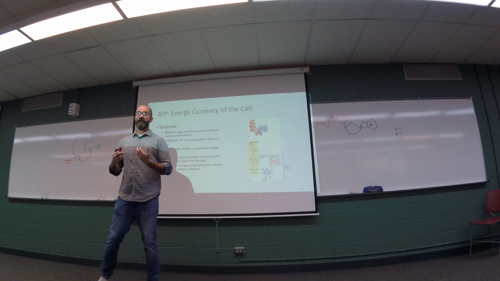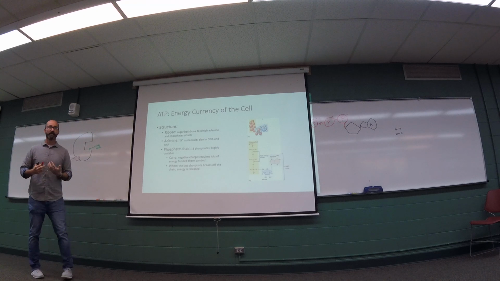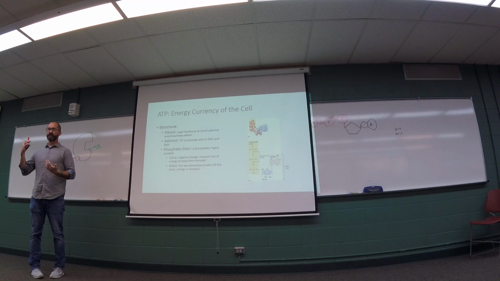Now we know that phosphates carry a negative charge. And in nature, do opposites or similars attract? In terms of electronegativity, opposites attract, right? So negative is going to be attracted to positive and positive to negative. And if you take two negative sides of a magnet and try to stick them together, what happens? They push out against each other, right?